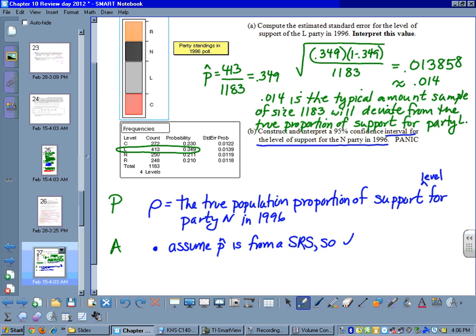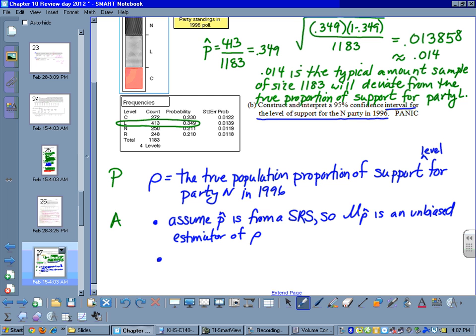So p hat is an unbiased estimator of the population proportion rho, which we have already defined up in the P part of PANIC.